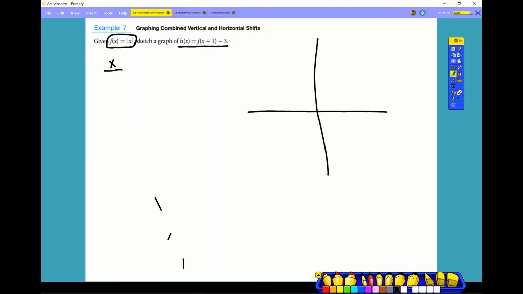So let me draw this first. So this is the absolute value function. I don't even know if we need a table.